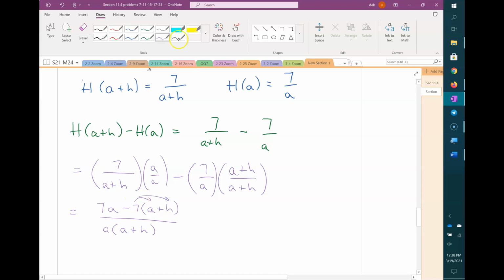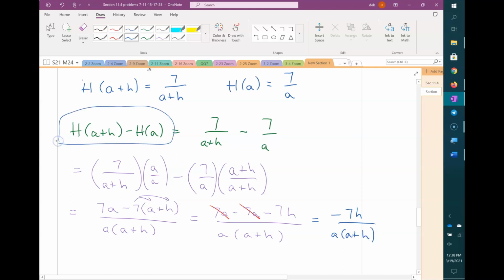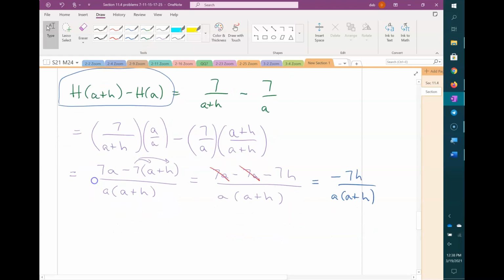I'm going to distribute that negative 7. And the 7a and the negative 7a will cancel. So I have negative 7h over a times (a plus h). Well, this is just the numerator so far. So I still need to do the divide by little h part.